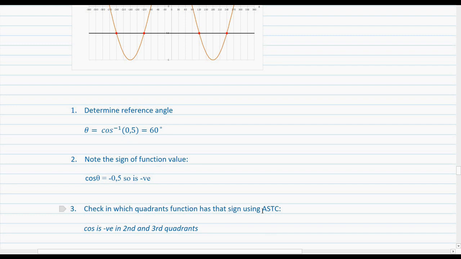Therefore, any quadrants here that are not labeled using C or A, since A is all, are the quadrants we're thinking about. So normally cos would be positive in the first quadrant and the fourth quadrant. But since we want the negative value, it means we need to look at the second and the third quadrant. Therefore, cos is negative in the second and third quadrants.